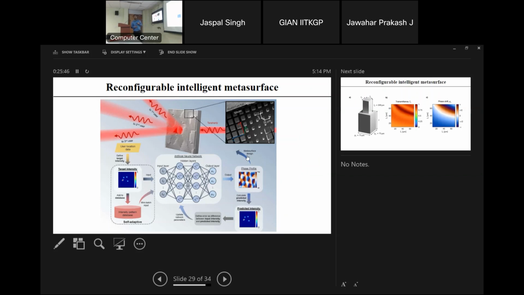So what it does is, you can imagine that light is coming up. This has some metasurfaces. This zoomed part shows that different sizes of silicon cubes are there, which is like a phase gradient. Because of this phase gradient, the output beam can split in multiple ways.